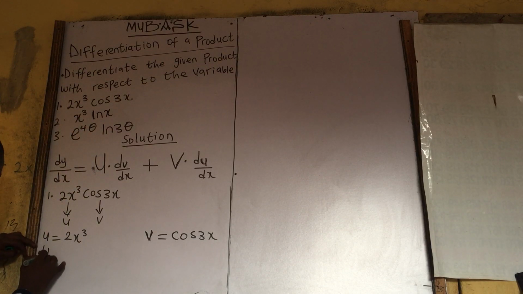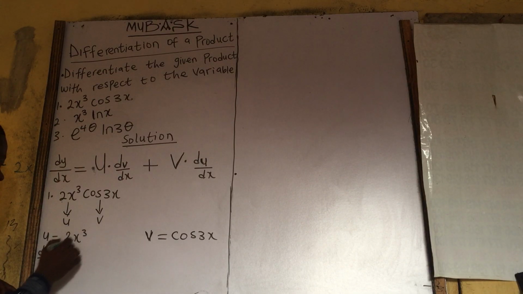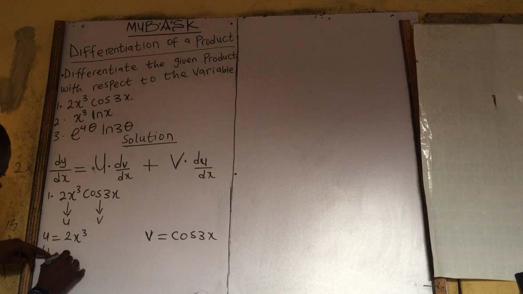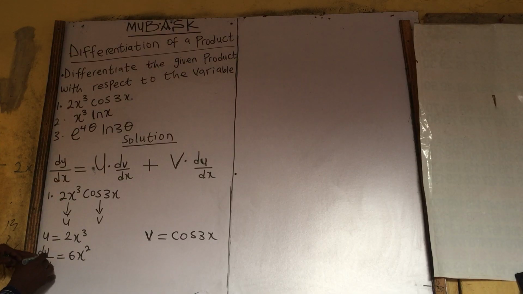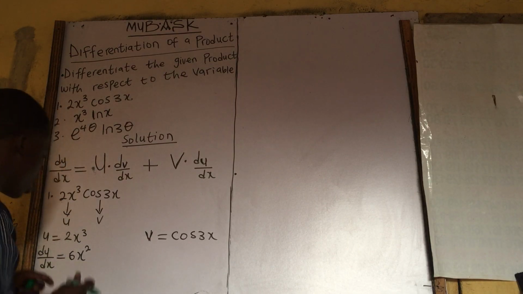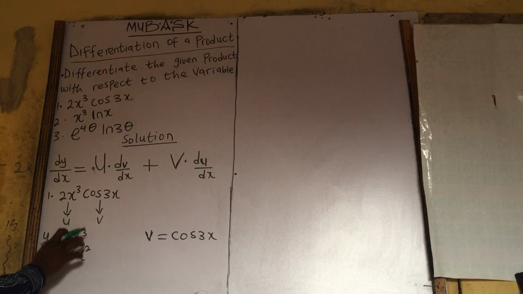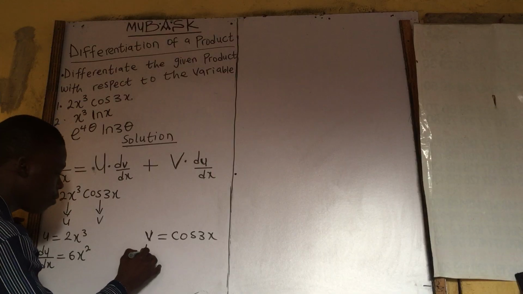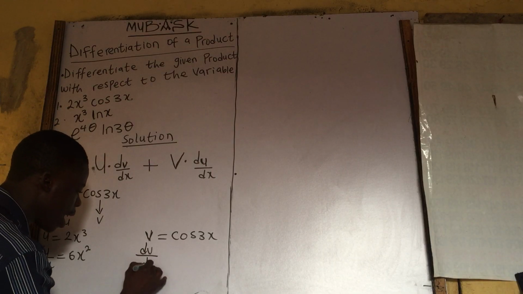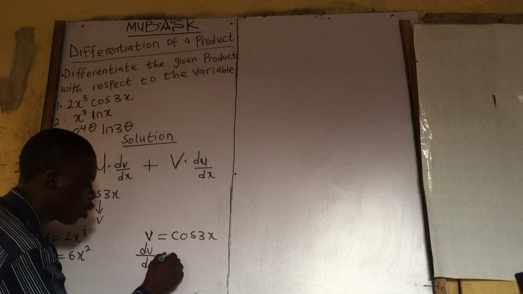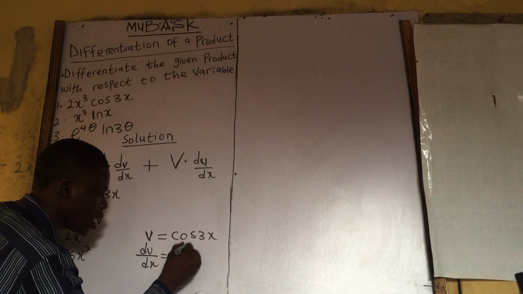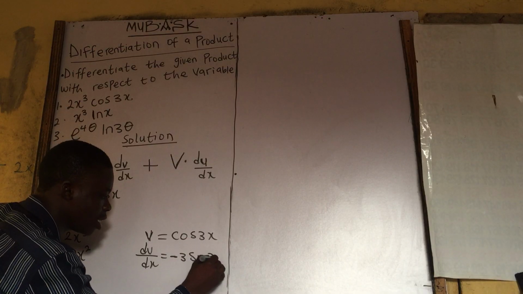Now du over dx: 2 times 3 is 6x, 3 minus 1 is 2, so du over dx equals 6x squared. While dv over dx, the derivative of cos 3x, gives us minus 3 sin 3x.